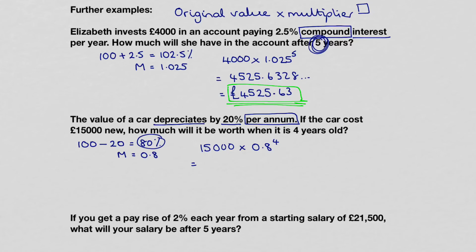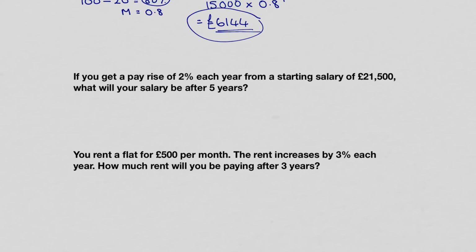So when we work that out, 15,000 times 0.8 to the power 4, we get 6144, and remember, this is money, so we need our pound sign. After 4 years, a car that had been worth £15,000, if it reduces by 20% a year, will only be worth £6,144.